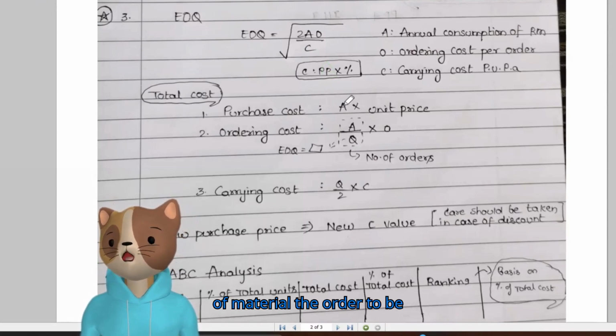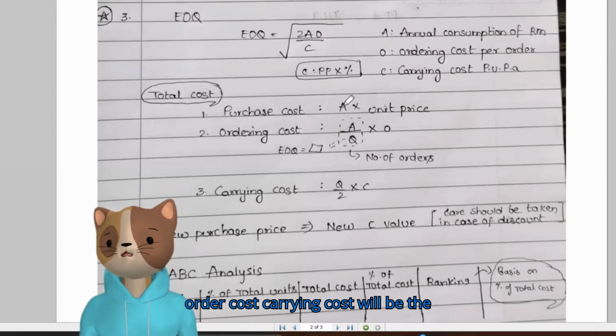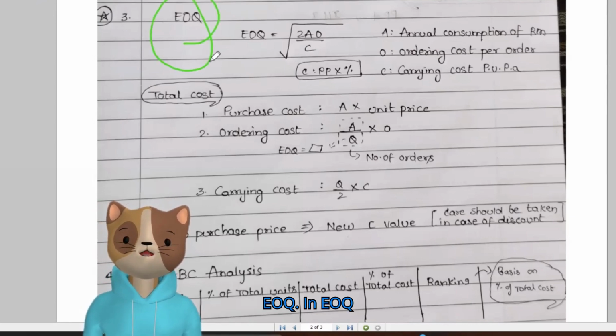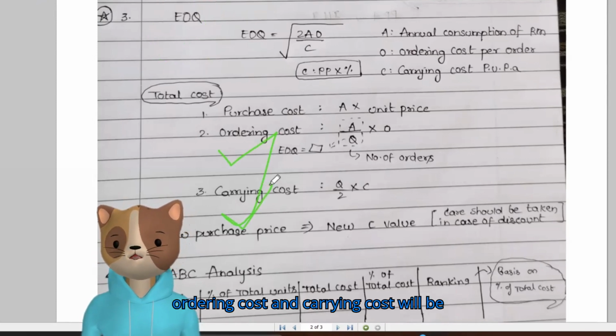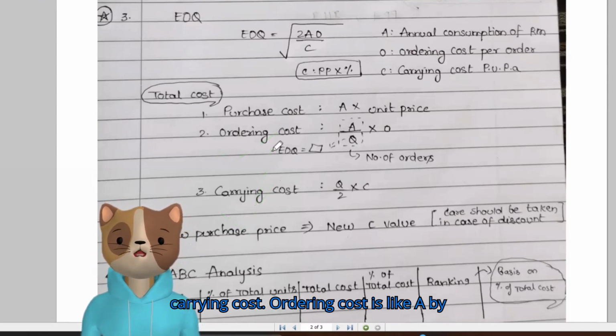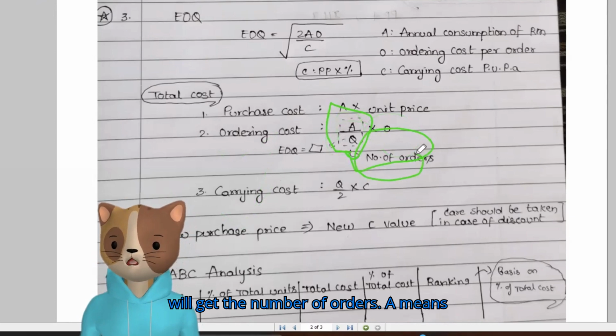Next point. EOQ means the quantity of material to be ordered so that your ordering cost and carrying cost will be the minimum. That is the case of EOQ. In EOQ, ordering cost and carrying cost will be the same. So these are the formulas to find the ordering cost and the carrying cost. Ordering cost is A by Q into O. By doing A by Q, you will get the number of orders.